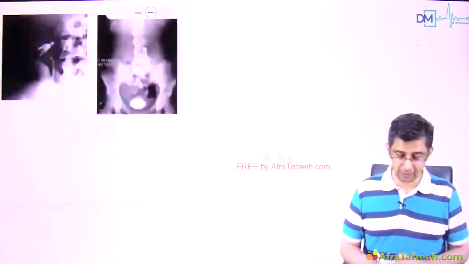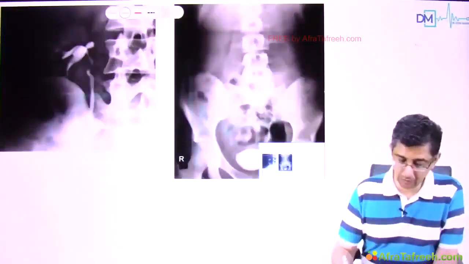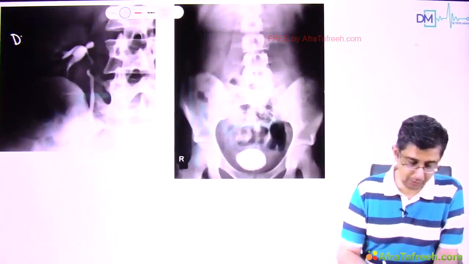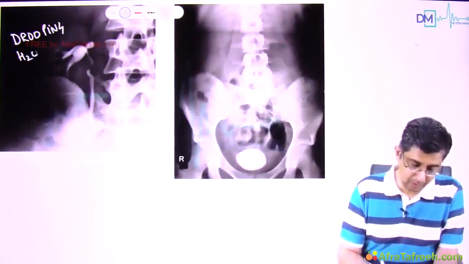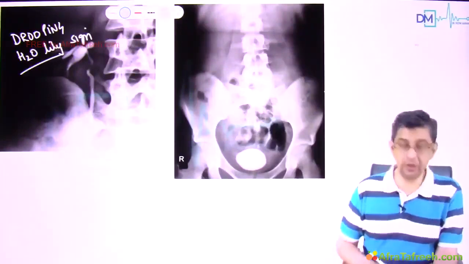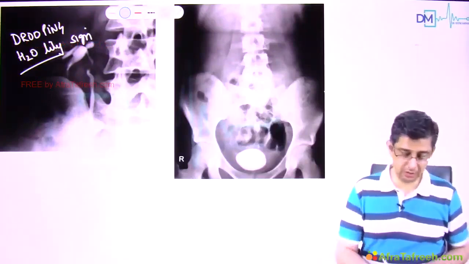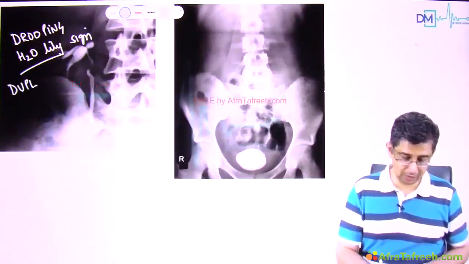Once we have revised the aspects related to this, then we'll look at two simple slides. In one, I have shown before you a very classical sign. This is called the drooping water lily sign. In the earlier part, I talked about a floating water lily, that is a hydatid cyst. But now the drooping water lily sign is a feature that is seen with respect to duplication of the collecting system of the kidney.